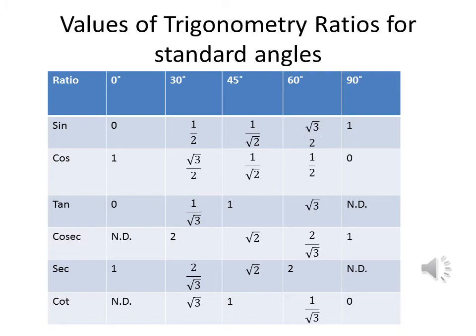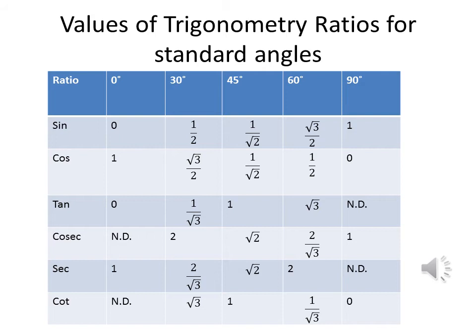Means sin 0 upon cos 0 gives us tan 0. So sin 0 is 0, cos 0 is 1, 0 upon 1 is 0. In the same manner, tan 30 is 1 upon root 3, tan 45 is 1, tan 60 is root 3, and tan 90 is not defined. 1 divided by 0 is not defined.